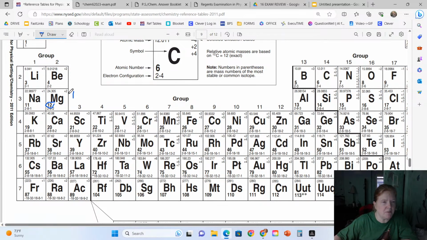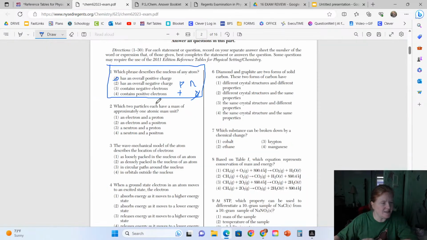So the charge of a magnesium nucleus is positive 12. And then we have carbon, atomic number of 6, so the charge of a carbon nucleus is always positive 6. And again, that question is going to be asked in some way, shape, or form.